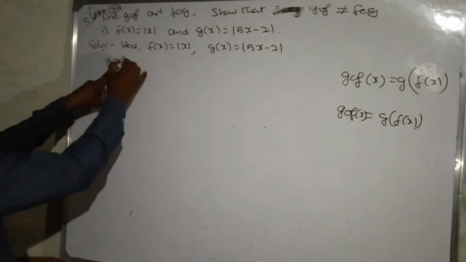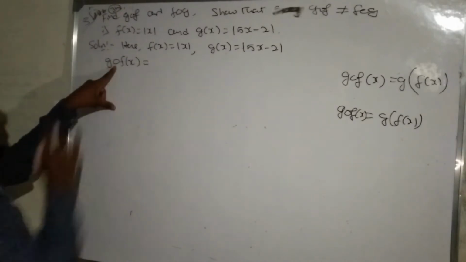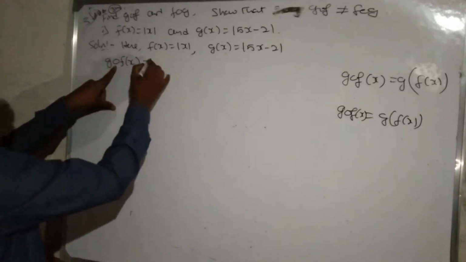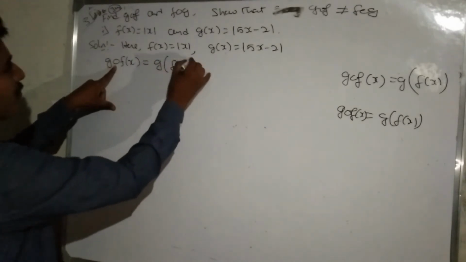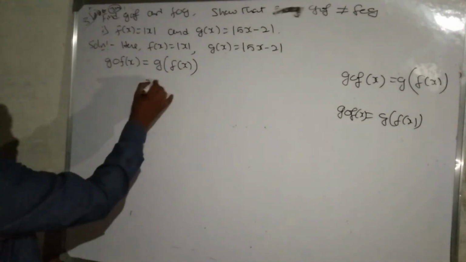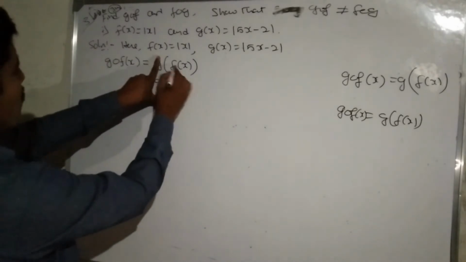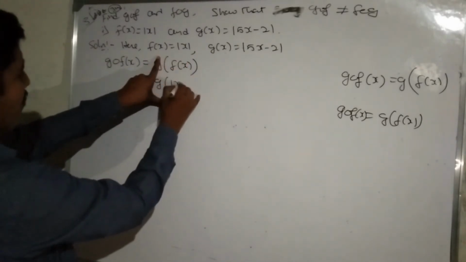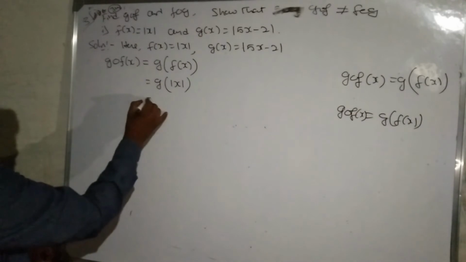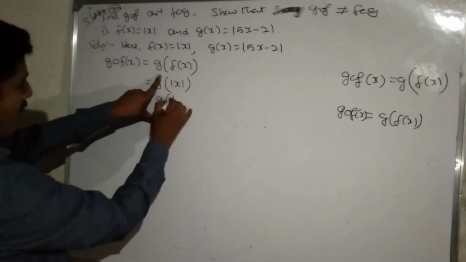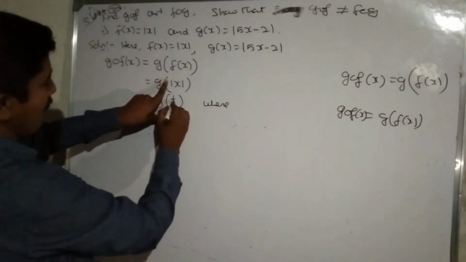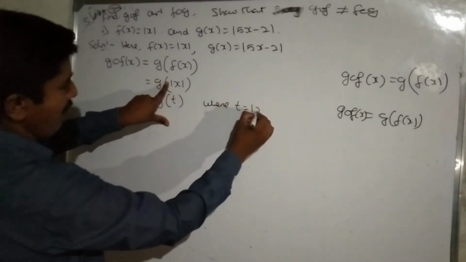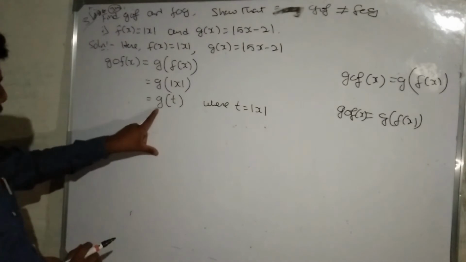Let us take domain element x. This can be written as g of f of x. Substitute the f of x value first: modulus of x. Next, g of modulus of x; let us denote this by another variable t, where t equal to modulus of x. Now define g of t.